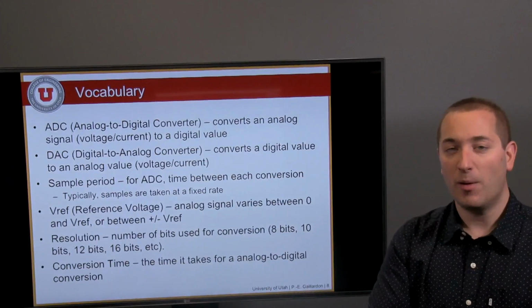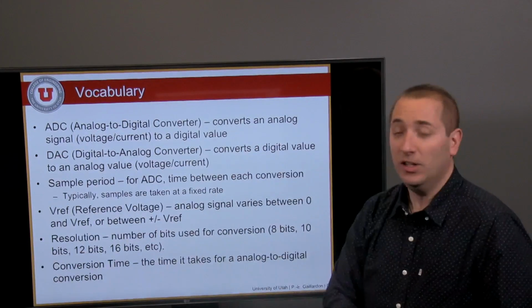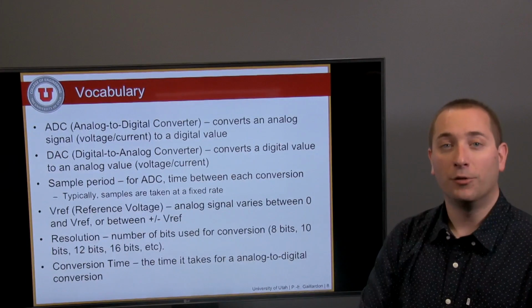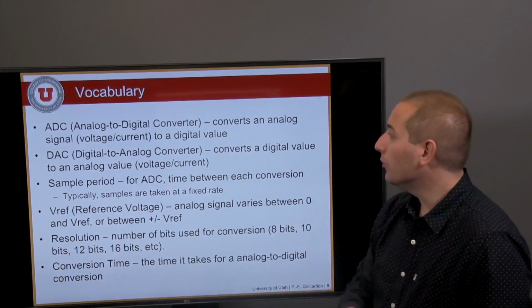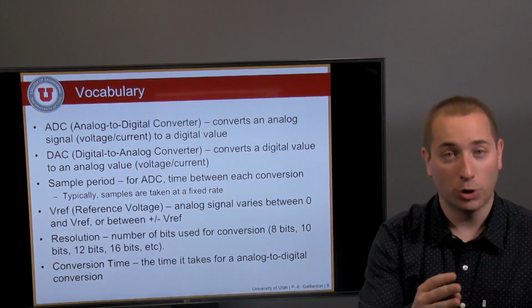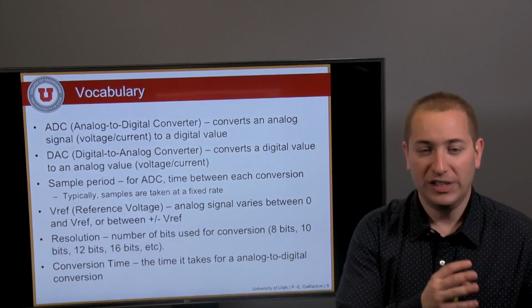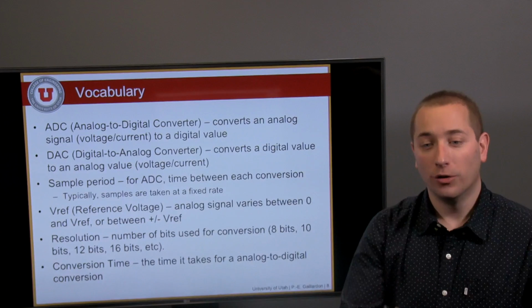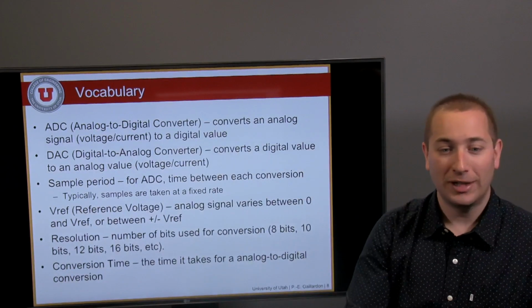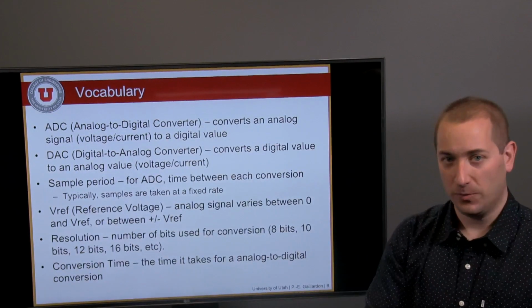Let us review a little bit of vocabulary here. ADC stands for analog to digital converter, and it is used to convert an analog signal, either in voltage or current, to a digital value. A DAC, a digital to analog converter, converts a digital value to an analog value, in voltage or current.